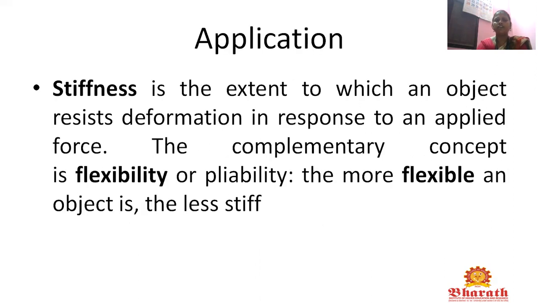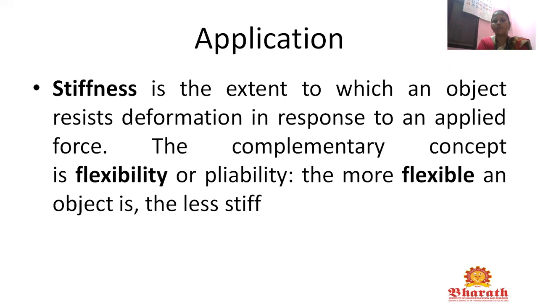Next we are going to see the application of the stiffness method. Stiffness is the extent to which an object resists deformation in response to an applied force. The complementary concept is flexibility or malleability.